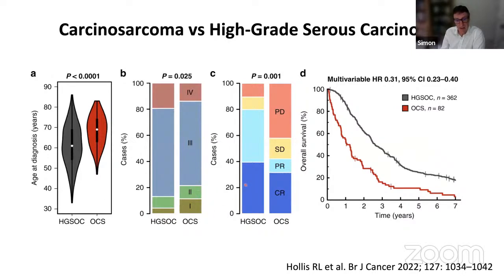But despite that, their response to therapy is much poorer. So a complete response is unusual, well, 30%, but progressive disease is much more common. And there's a significant difference in the therapeutic responses, and similarly, a significant difference in outcome, with ovarian carcinosarcomas being associated with very poor outcome and 15% 3-year survival.